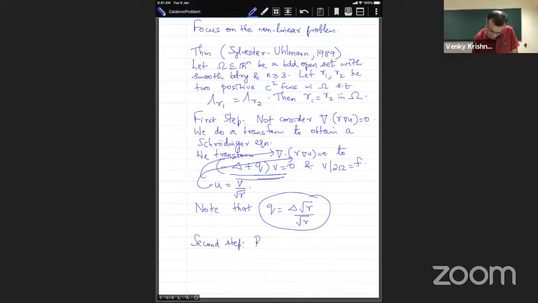is to relate the DN map, the Dirichlet-to-Neumann map of the conductivity equation and that of the Schrodinger equation.